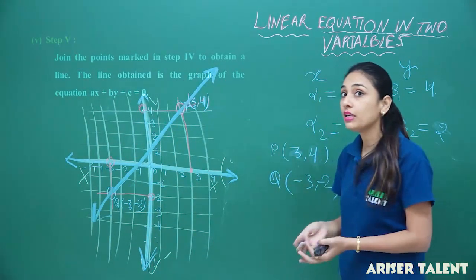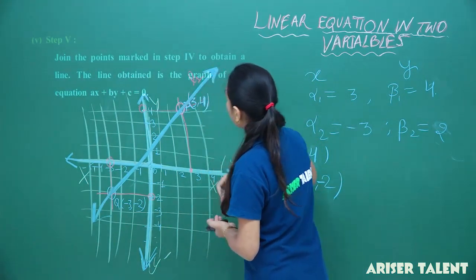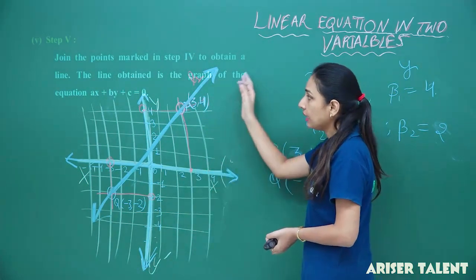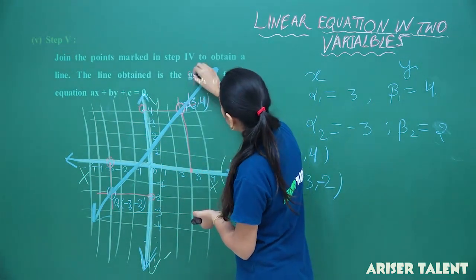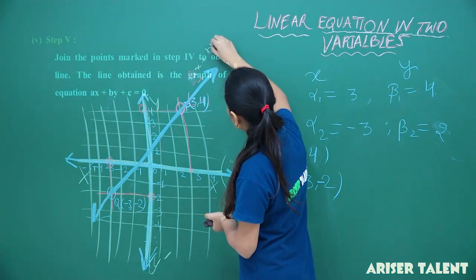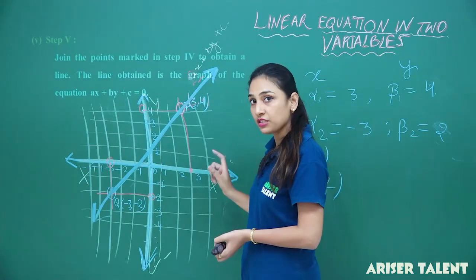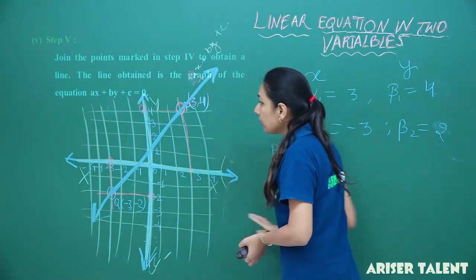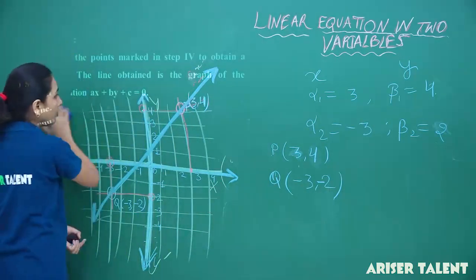Let's suppose we have the equation L1. This is the line of equation, let's suppose ax plus by plus c, that we have been given. We have just imagined this condition. Okay. So this is the idea about the graph. Noted?